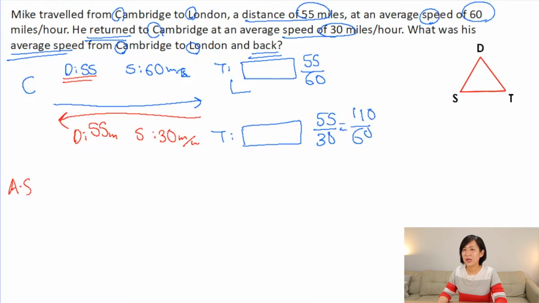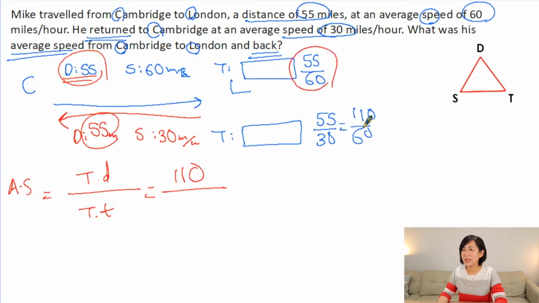Then let's calculate our average speed: total distance divided by total time. Distance is 55 add 55, that is 110. Then we need to add in our time, 165/60.